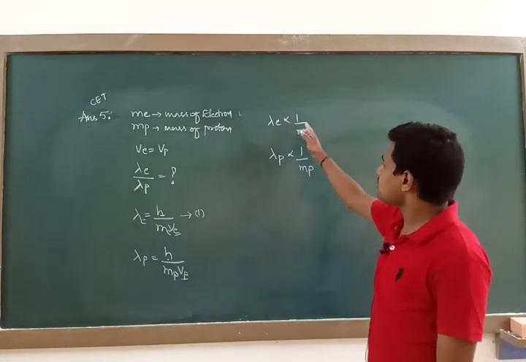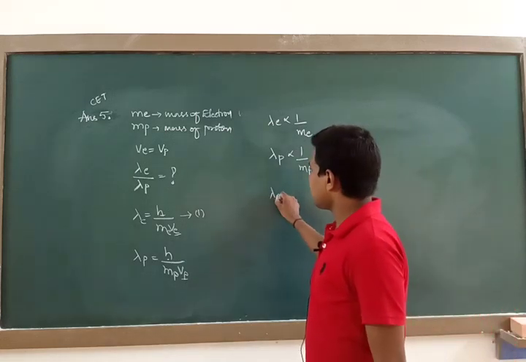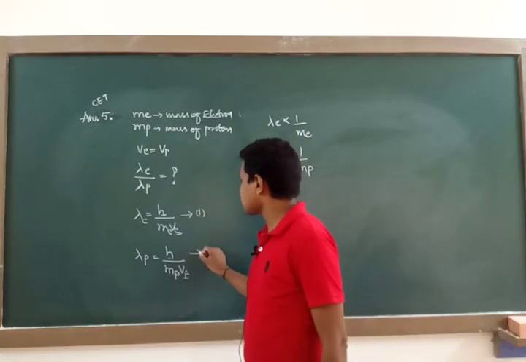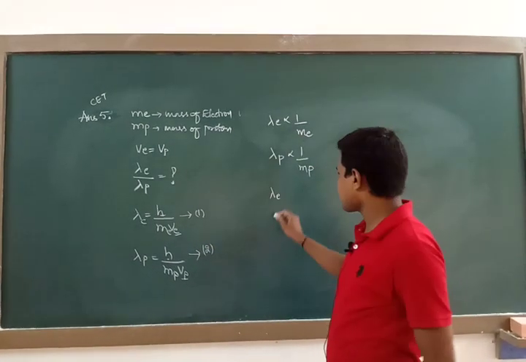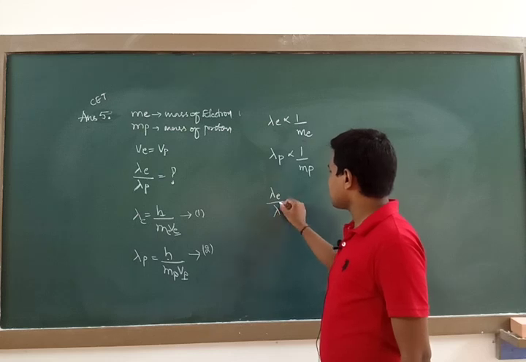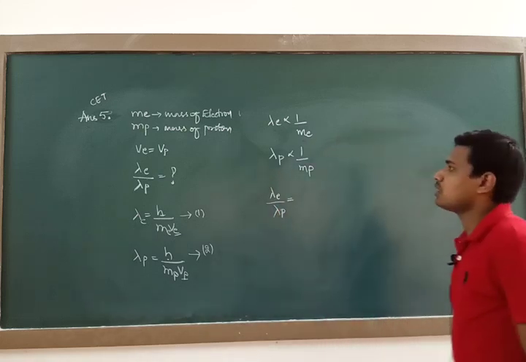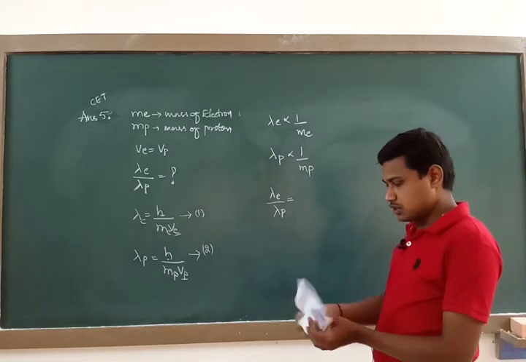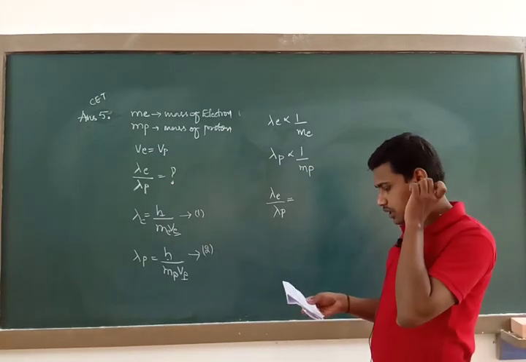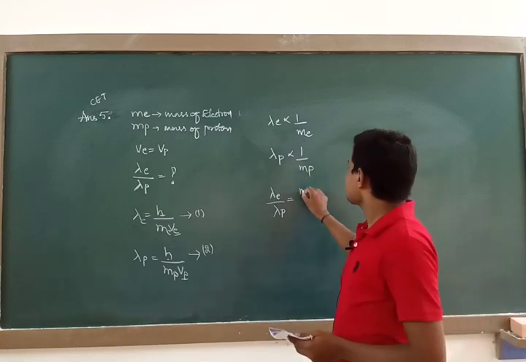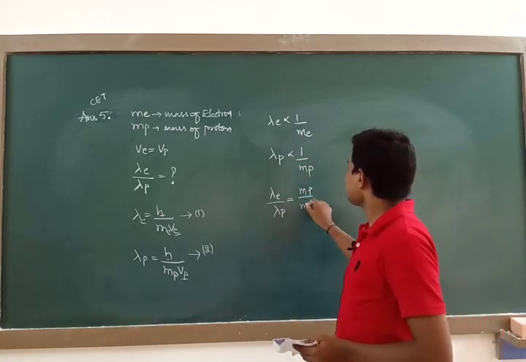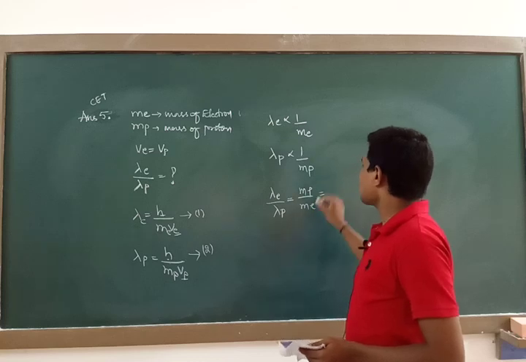From these two equations, if I divide equation 1 by equation 2, what am I getting? Lambda e divided by lambda p is equal to mp divided by me, the mass of the proton.